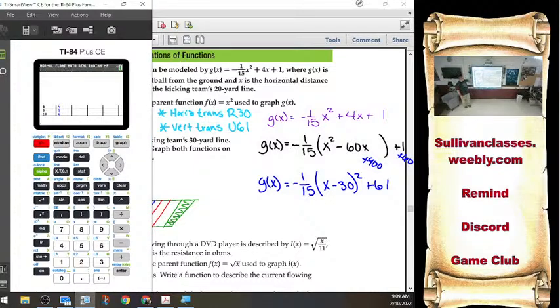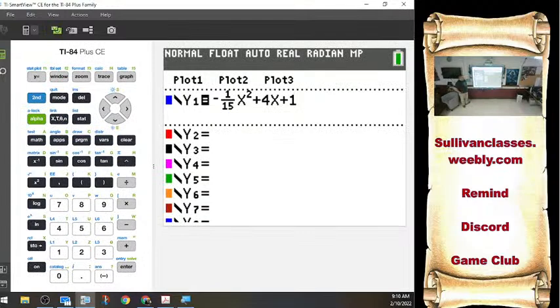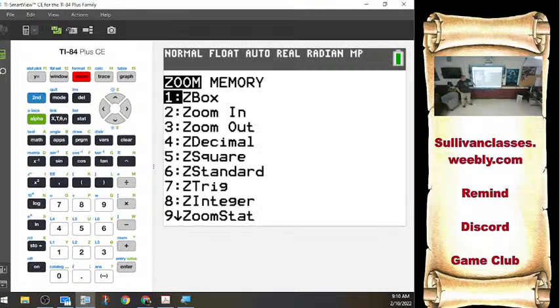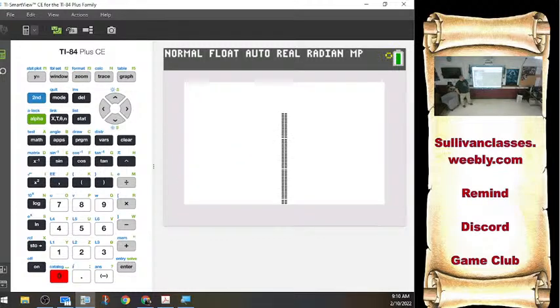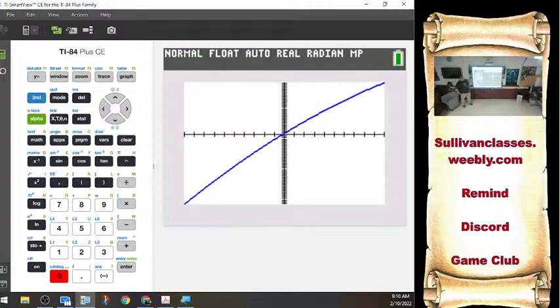And then I make you really mad by saying, zoom fit. You're not going to show me the vertex, are you? All right.